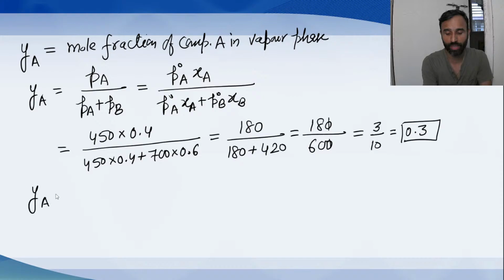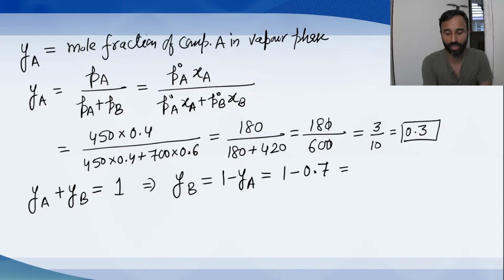Now YA plus YB, mole fraction of A in vapor phase plus mole fraction of B in vapor phase, that is also equal to 1, because the total sum of mole fractions is always equal to 1. Whether it is in the solution or in the vapor phase, that is the same. So YB now equals 1 minus YA, that is 1 minus 0.3. It comes out to be 0.7.